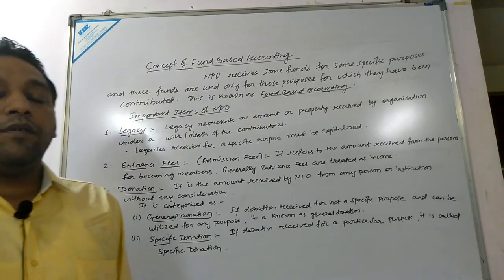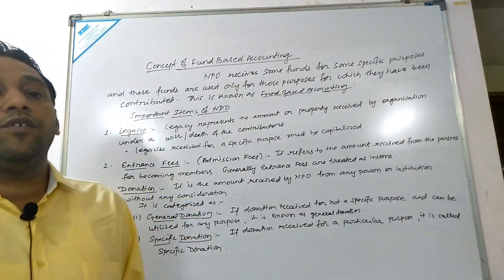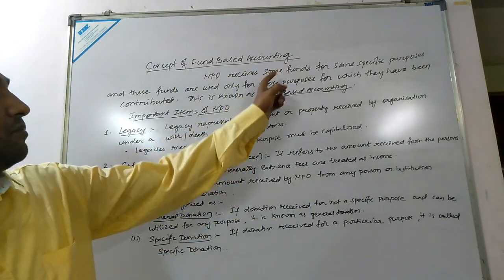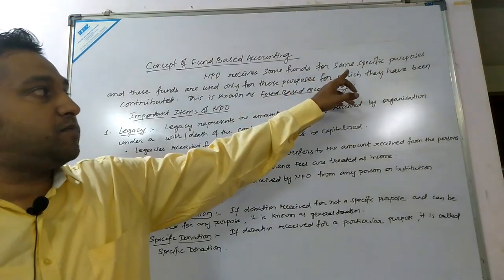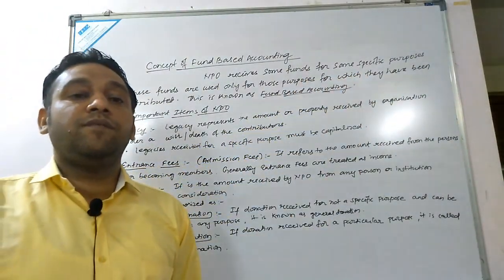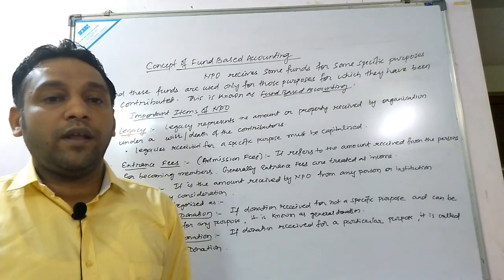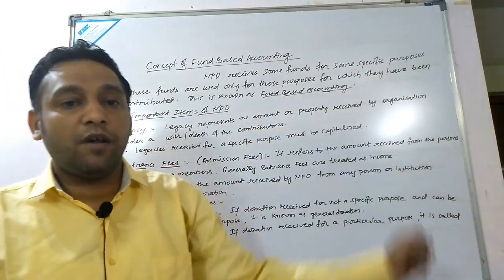Now we will try to understand the concept of fund-based accounting. What do you mean by fund-based accounting? As we can see, in the concept of fund-based accounting, NPO receives some funds for specific purposes. That means any funds which have been received by a not for profit organization, that is your NPO, can be utilized for a specific purpose.